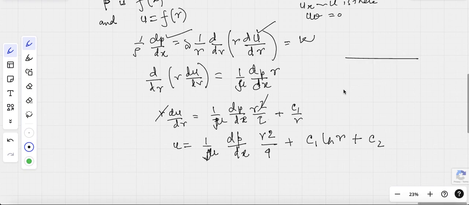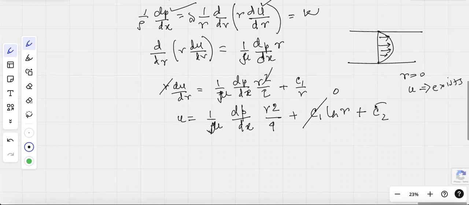Again, we will have to use boundary conditions. This would be the profile. At r equals to 0, u exists. For this to happen, c1 has to be 0, right? We will find c2 at r equals to R, where u equals to 0, right?